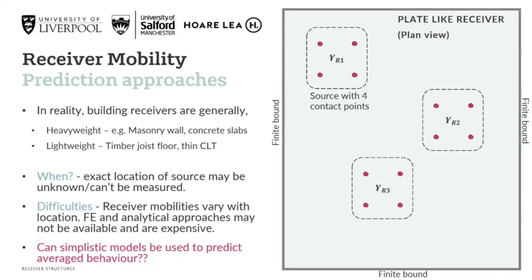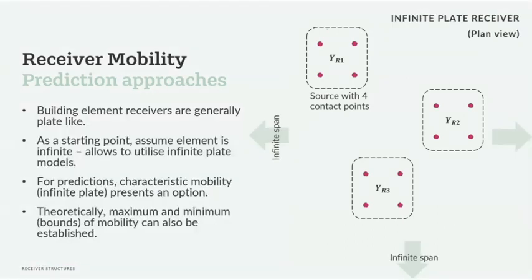You may not have the right resources. So our goal is, can we use the existing information that we have and still have some simplistic model to predict the behavior, or let's say the average behavior, of your receiver? Okay, so in your prediction approach, let's say we want to do a simplistic prediction.